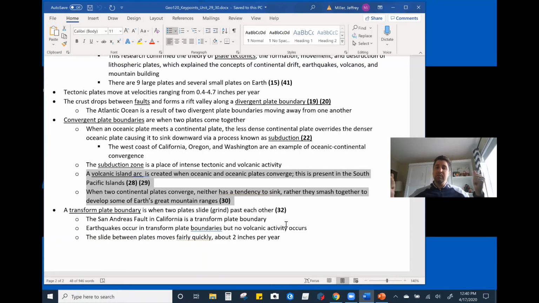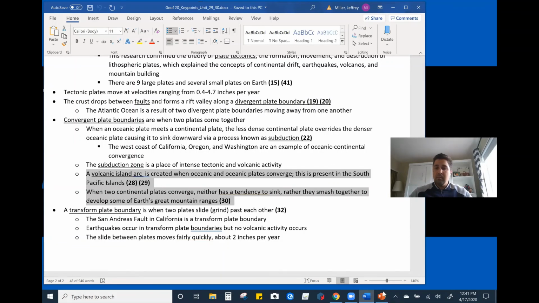Because of convergent plate boundaries, two ocean plates converging together, okay, basically creating volcanic activity, with molten lava underneath pushing outwards and spewing out the top, because we know now the lithosphere is very brittle and can break. When the lithosphere and the crust break, that's when you have volcanic activity. And a volcanic island arc is really a telltale sign of this type of plate boundary and plate activity.